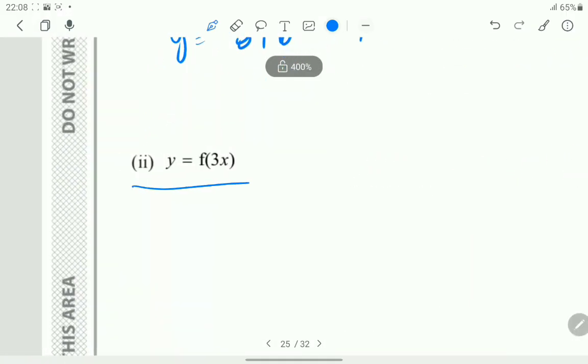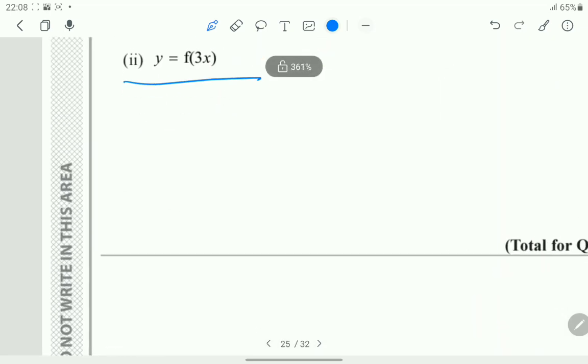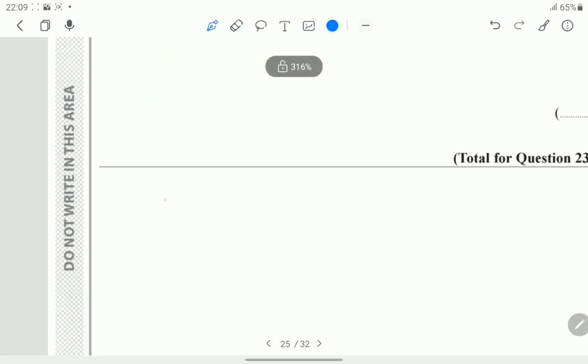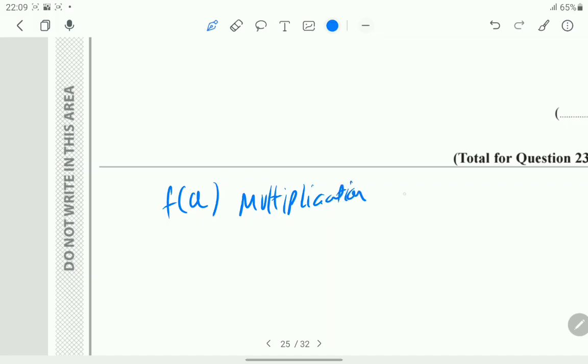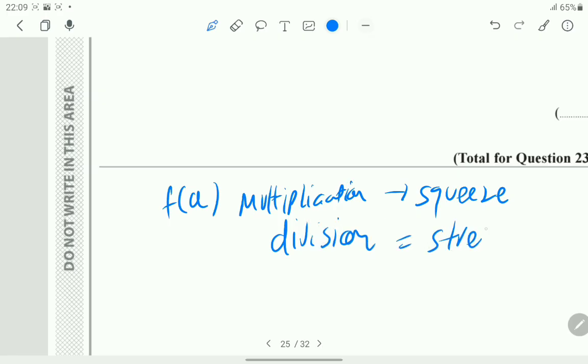For the second part, y is equal to f of 3x. So note that anything multiplied with this, multiplication means squeeze, and division is stretch.